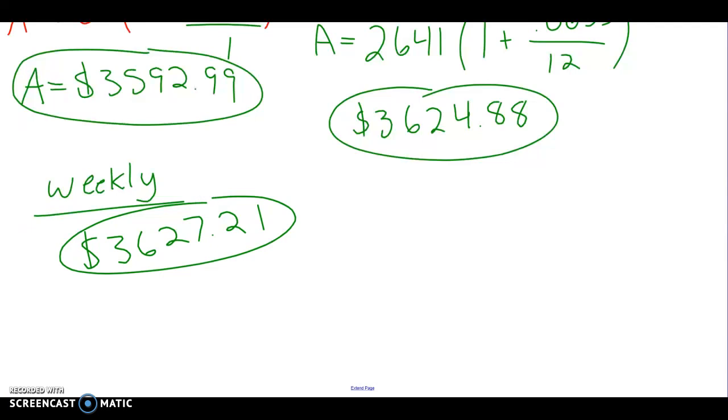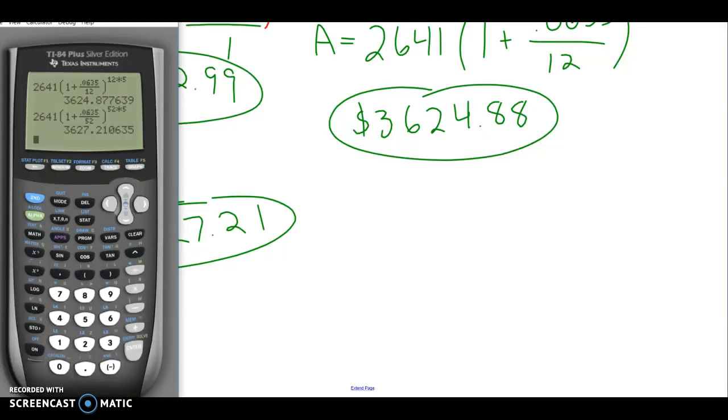Weekly. Okay, go back to your calculator and change them all to daily. What am I going to be plugging in this time? 365. Second enter. Go back and change your 52 to 365, and then you're going to have to retype in times 5 because it goes over what was already there.